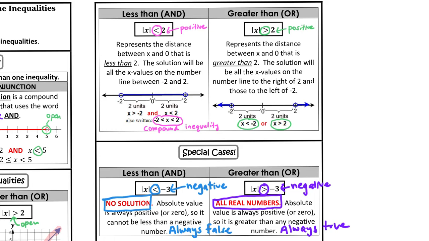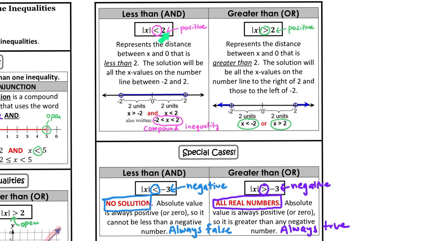Okay, so these are 4 cases if you want to think of it this way. Okay, but they all kind of surround the same idea. I have less than, less than, greater than, greater than. What's the difference, right? Because I have less than over here, I have less than over here, I have greater than over here, and greater than over here. What's the difference between these 2 less thans?